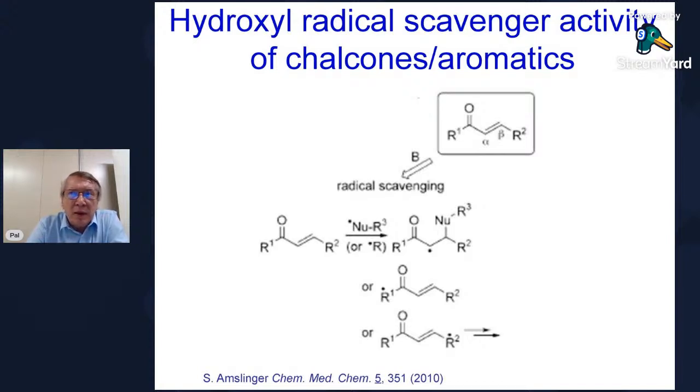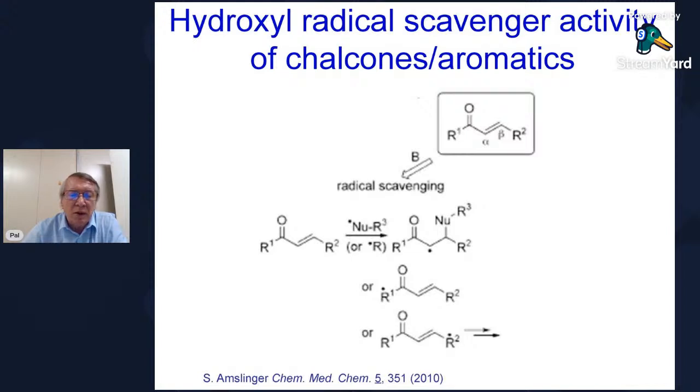However, radicals are formed not only in biological systems, but in non-biological systems as well, and the radicals formed destroy or chemically modify the sensitive compounds, mainly those with conjugated double bonds and polyhydroxy substituted aromatics.